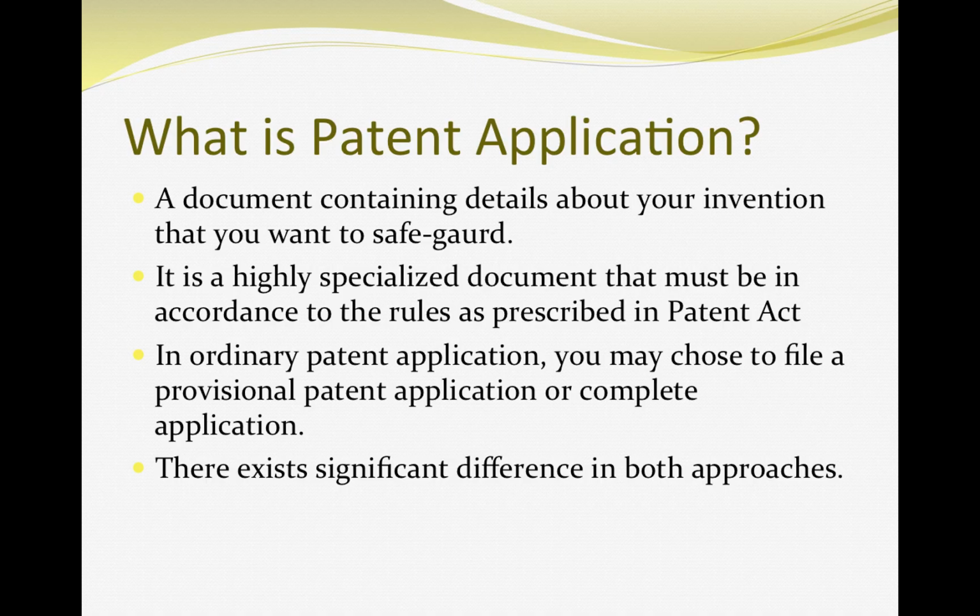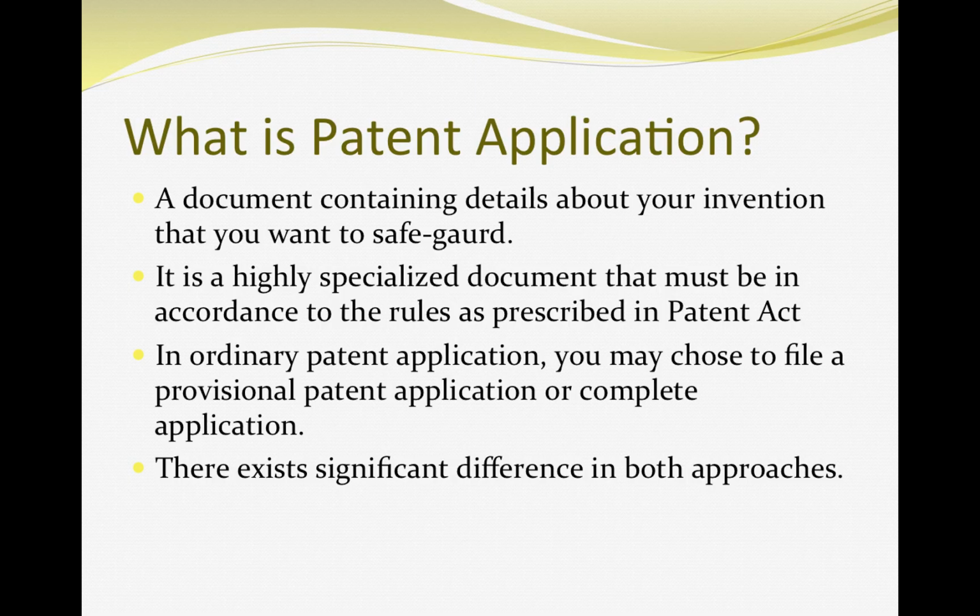Now, what exactly is this provisional patent application? When we talk about provisional patent application, it is a patent application where the inventor has an invention in mind or invention in process, but the invention is not yet complete.